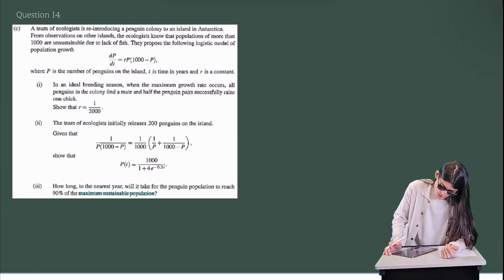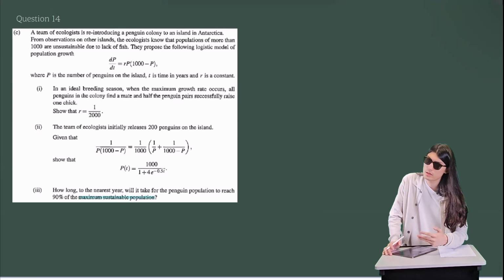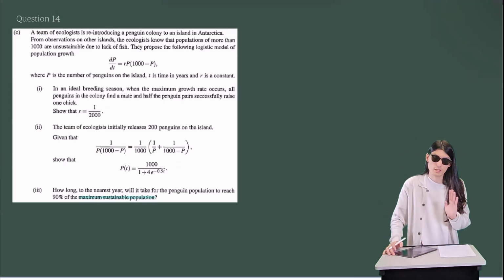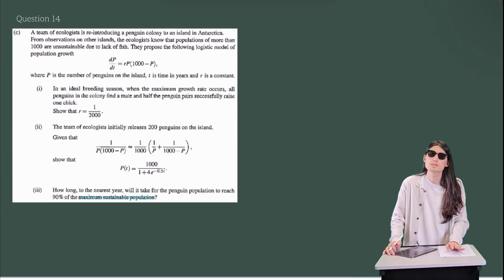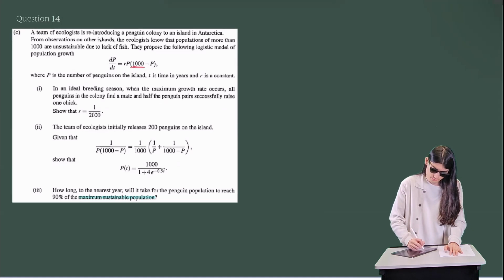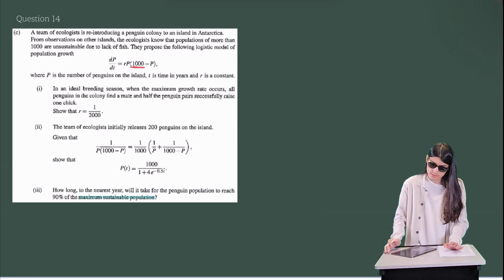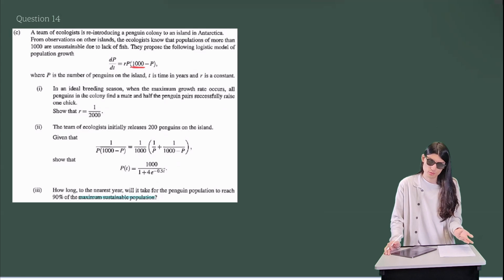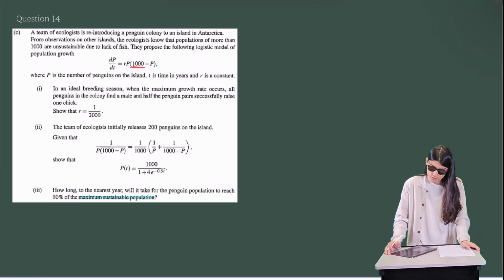So again, let me begin this one by telling you guys another characteristic of all logistic functions, and that is this number here. It's this number here that's essentially the maximum sustainable population.